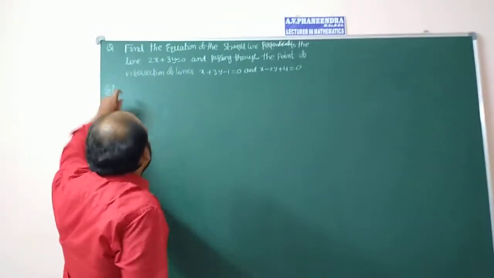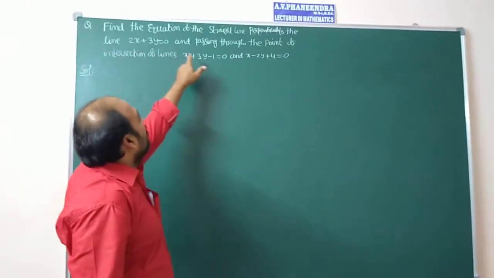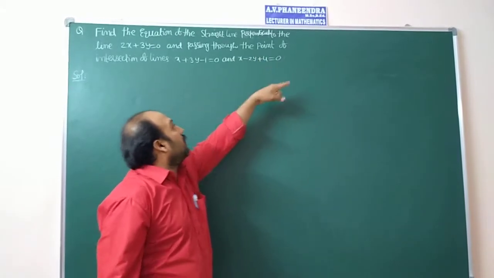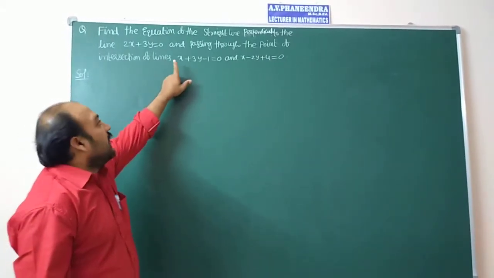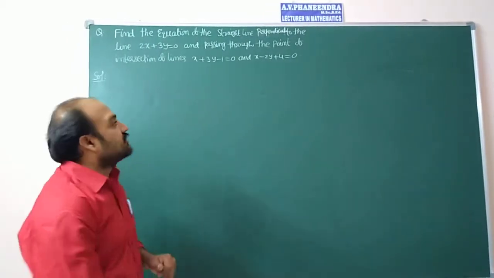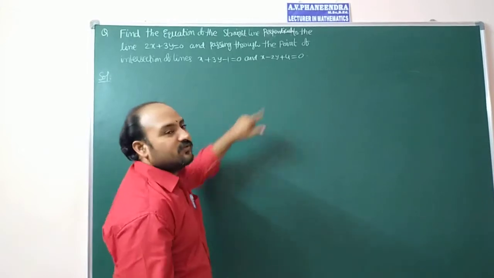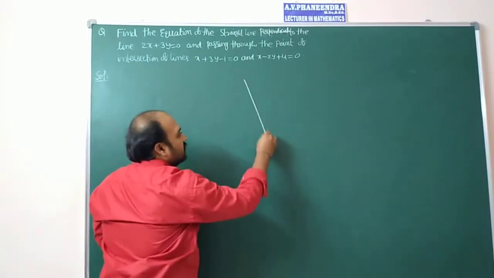Next question. Find the equation of the straight line perpendicular to the line 2x plus 3y equal to 0 and passing through the point of intersection of the lines x plus 3y minus 1 equal to 0 and x minus 2y plus 4 equal to 0. First, what we have to do: these are the two lines which are intersecting at a point.